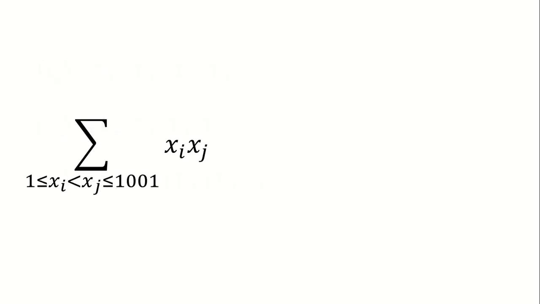So let's go to the expression that the question asks about. The question asks that xi and xj first have to be multiplied by each other.